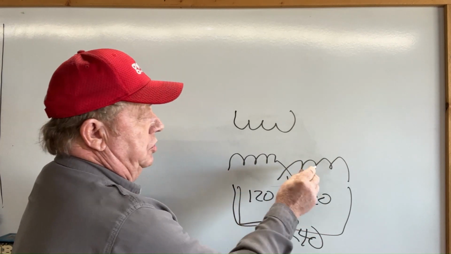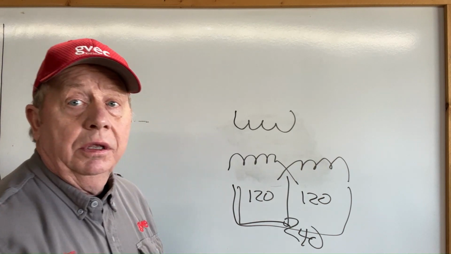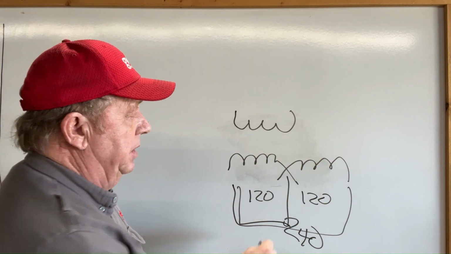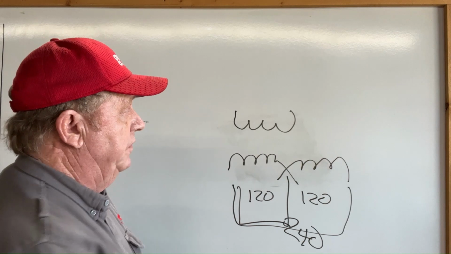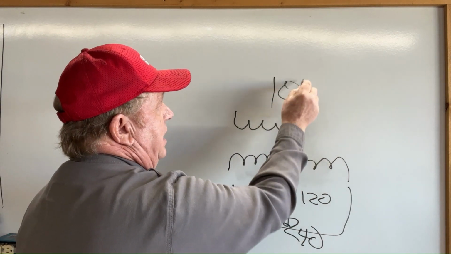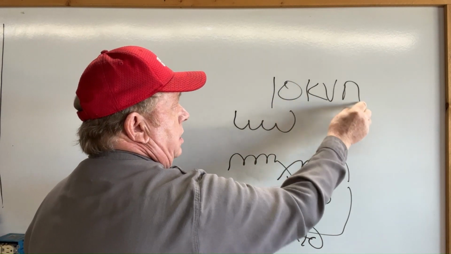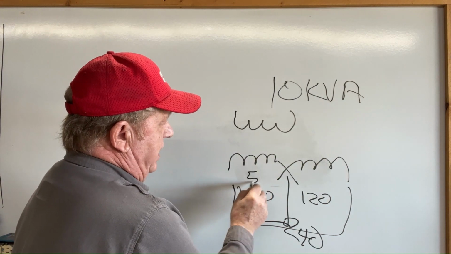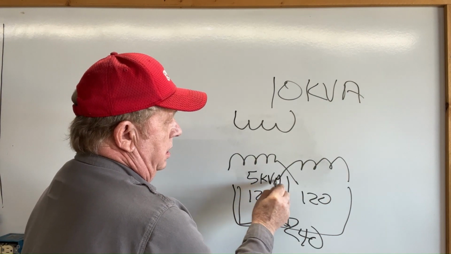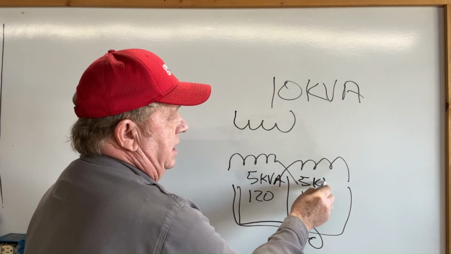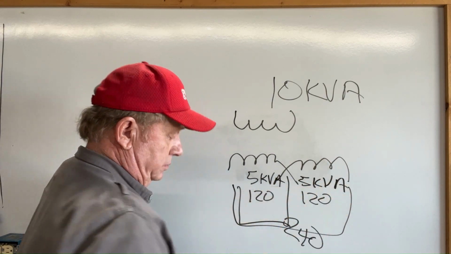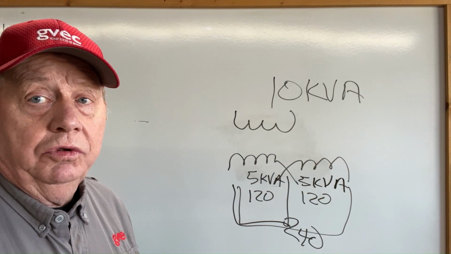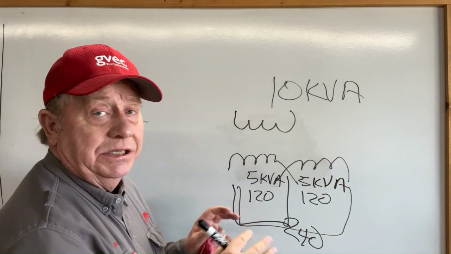So we have 120 volt coils that are in series to make the 240. If I have a 10 kVA transformer, it's built with a 5 kVA here and a 5 kVA here. And that's important to you when you start sizing the transformer.